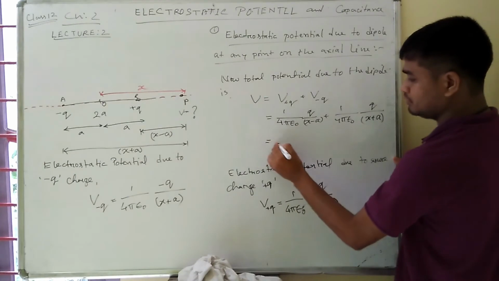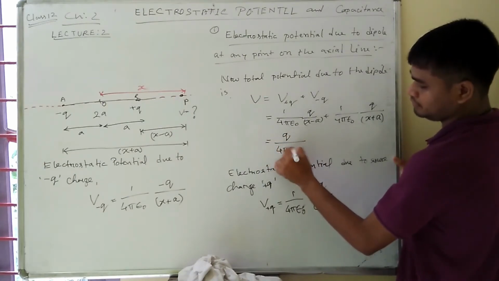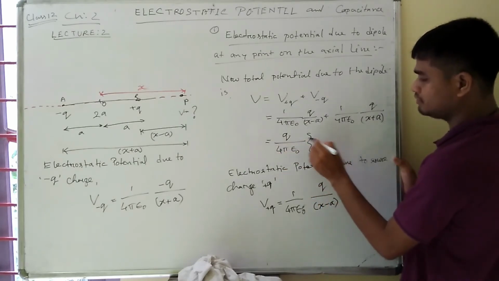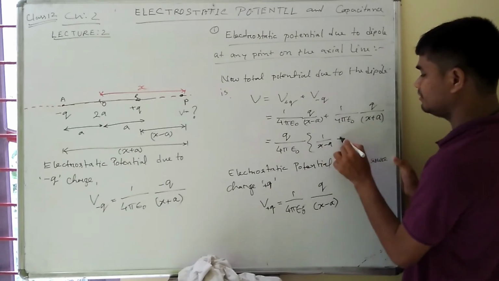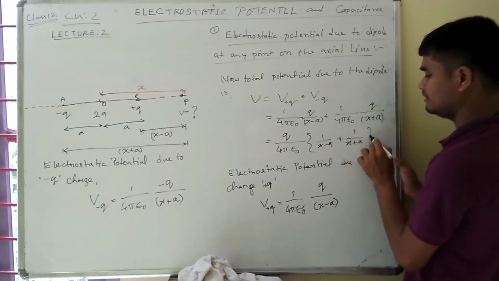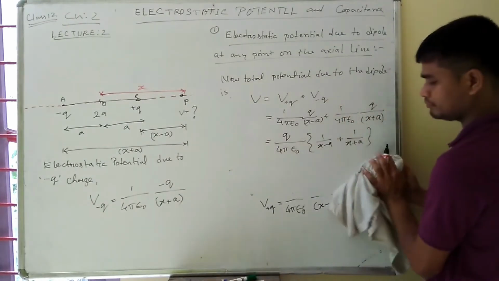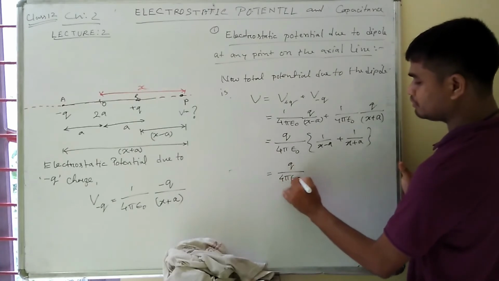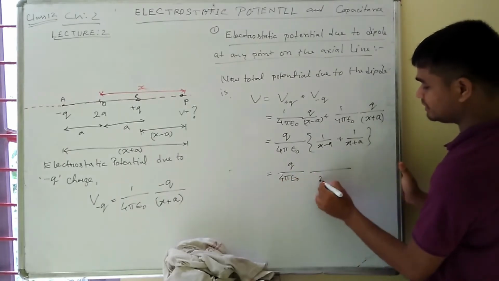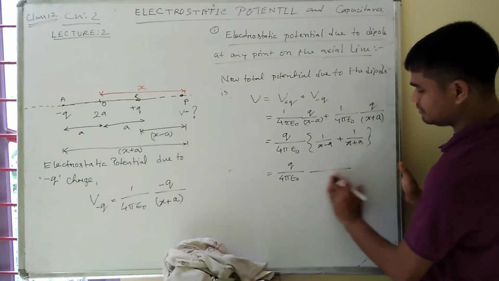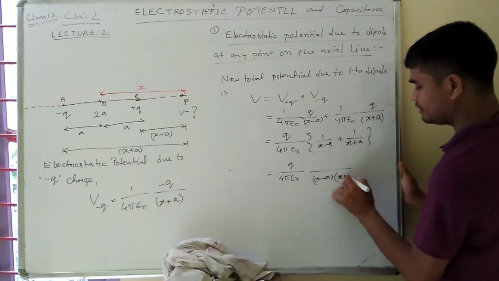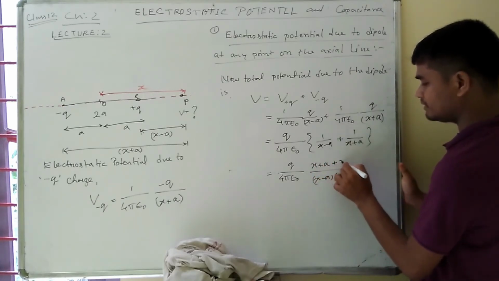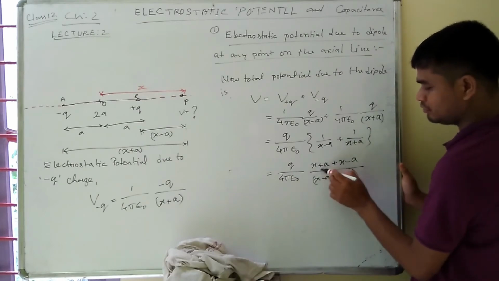We can take it as common: Q by 4 pi epsilon naught into 1 by x minus a plus 1 by x plus a. What is its LCM? x minus a into x plus a.